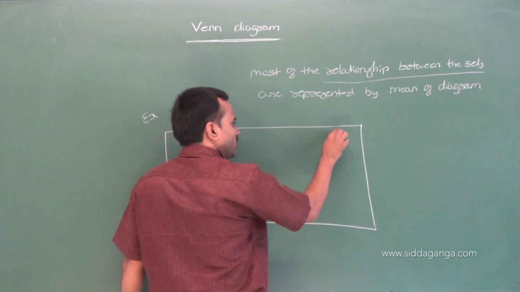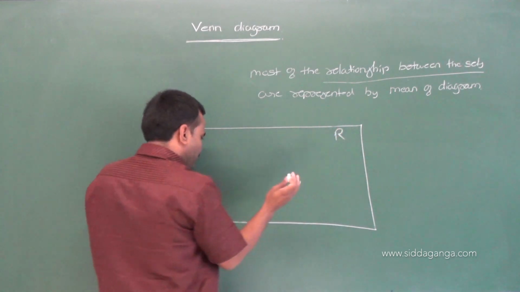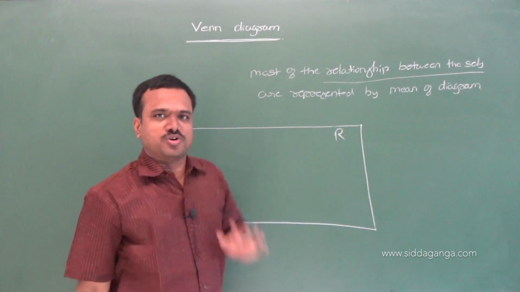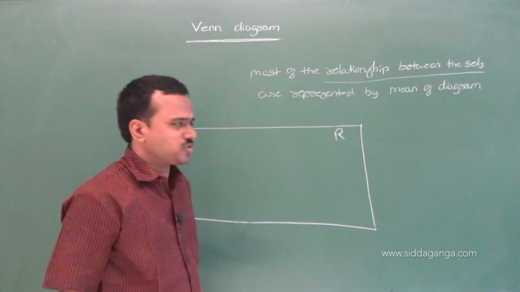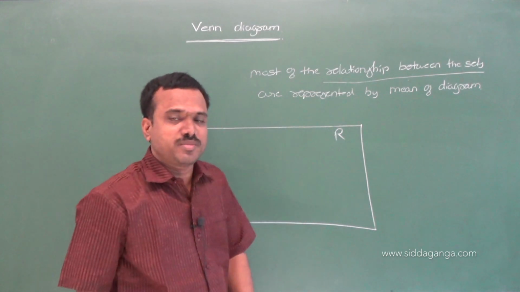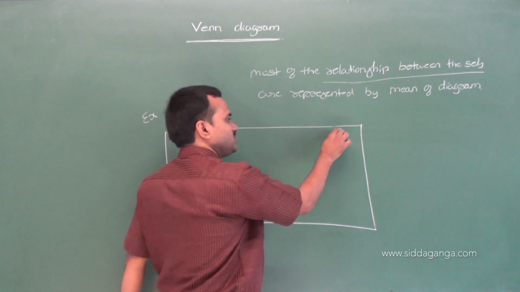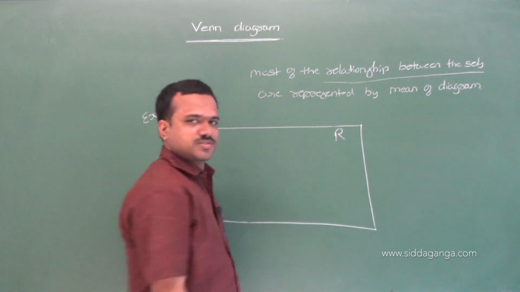So, the set of all real numbers is present in the rectangular box. The rectangular box contains the set of real numbers.